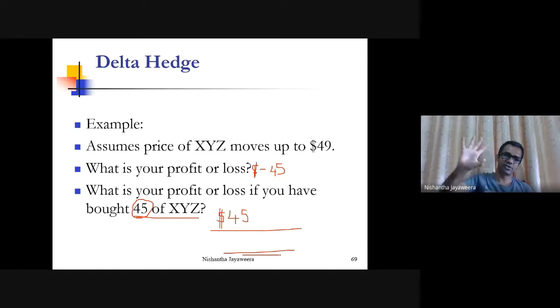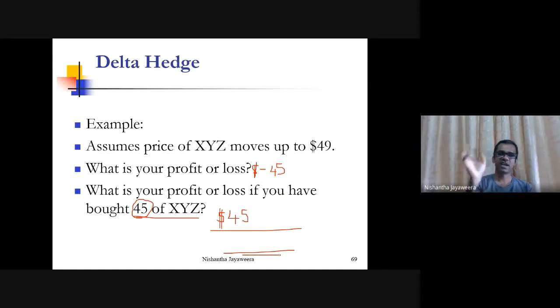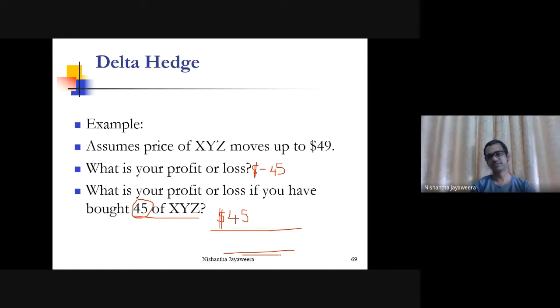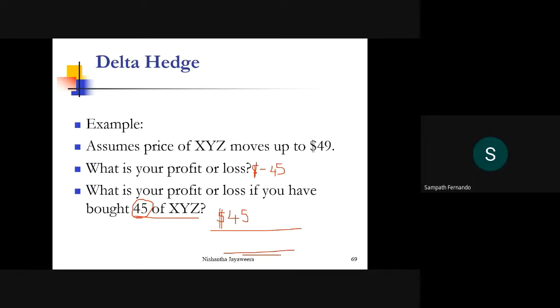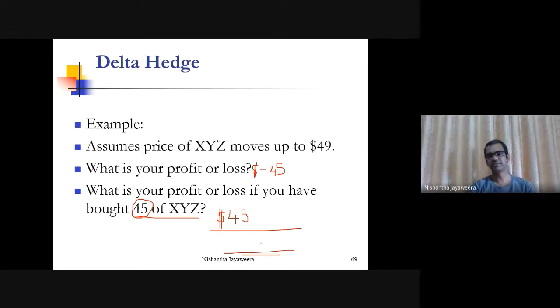Sold 100 call options, and bought 45 shares. Price moves from 48 to 49. What is your profit or loss? No profit or loss. So the net is 0.